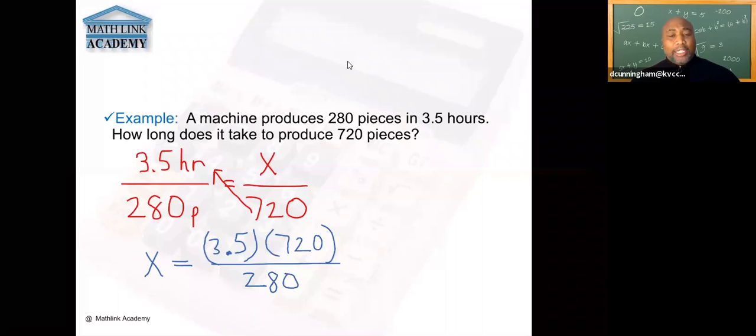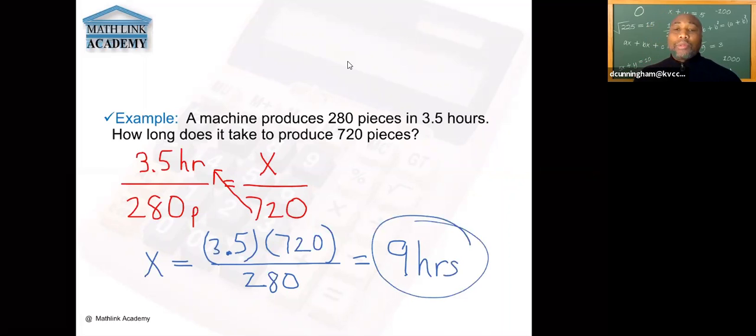Now we got X by itself. And if we do the math correctly, I believe this would be 9, and always write down your units. It'd be 9 hours. So then this would be our answer. So 9 hours will produce 720 pieces. So there's an increase of hours there.